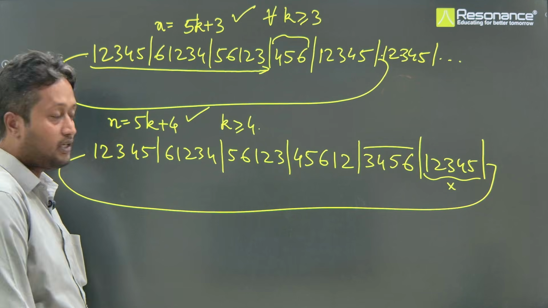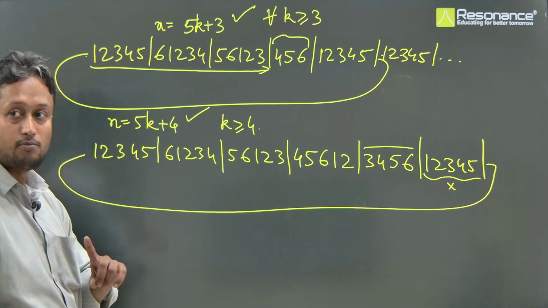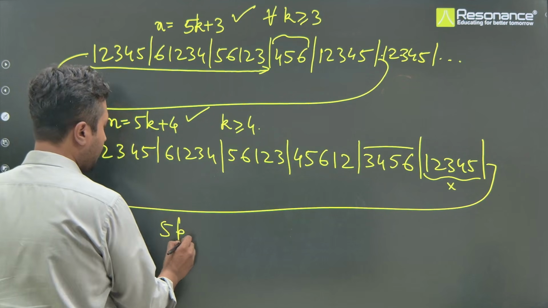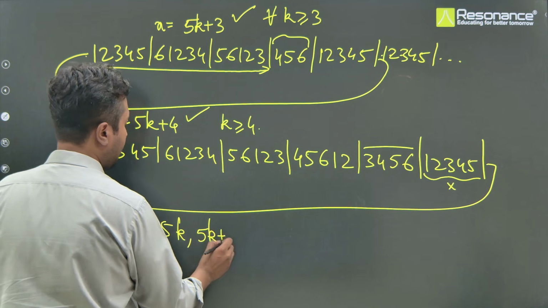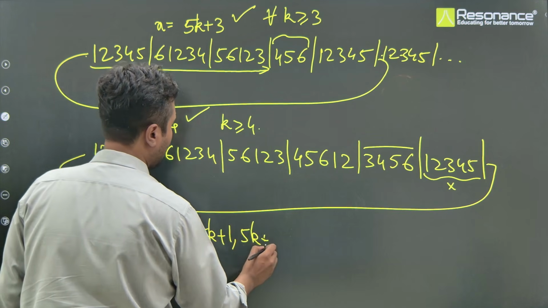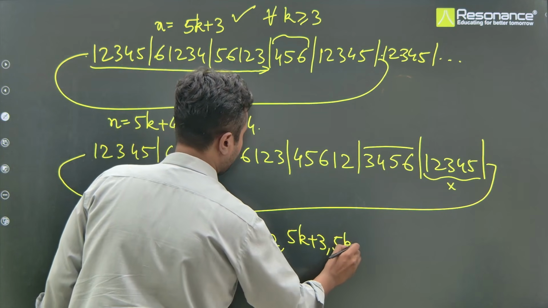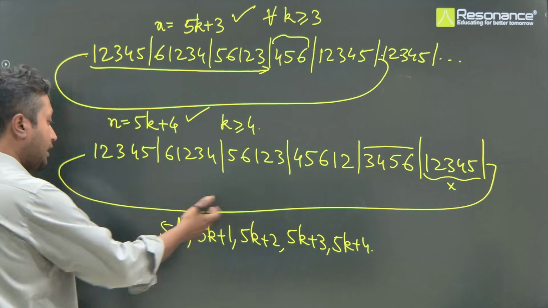Right? So the conclusion is, last problem. So the conclusion is, now every number is 5k or 5k plus 1 or 5k plus 2 or 3 or 4. Every number can be written like that.